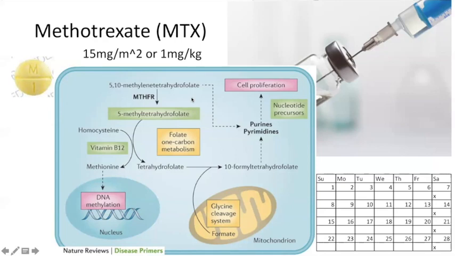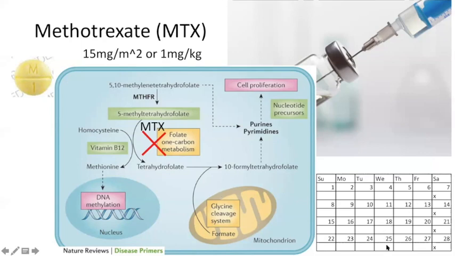And because in juvenile myositis, we know that the immune system is very activated, we think that it works by helping address the cell proliferation in the immune system. Of note, it also works in a pathway that involves folate or folic acid, which is related to why often folic acid is taken with methotrexate.